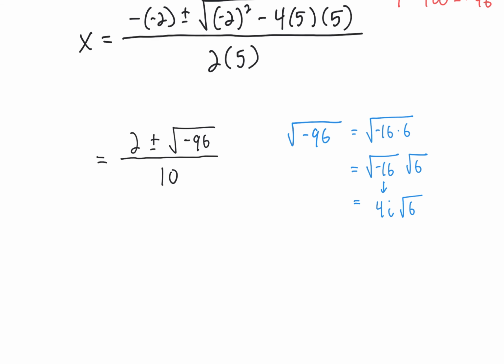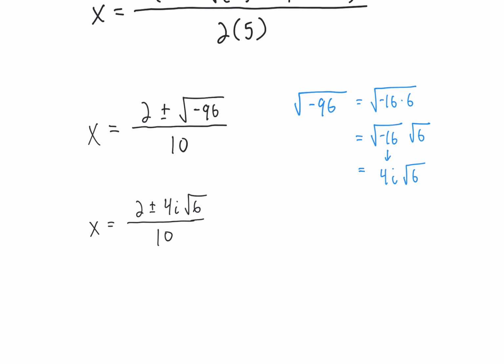And keep in mind what we did. All we did was simplify this square root to be this. And so now we can take this and replace this square root with it. That thing that we simplified goes there. So we know we're not going to split it up since we have an i and a square root.